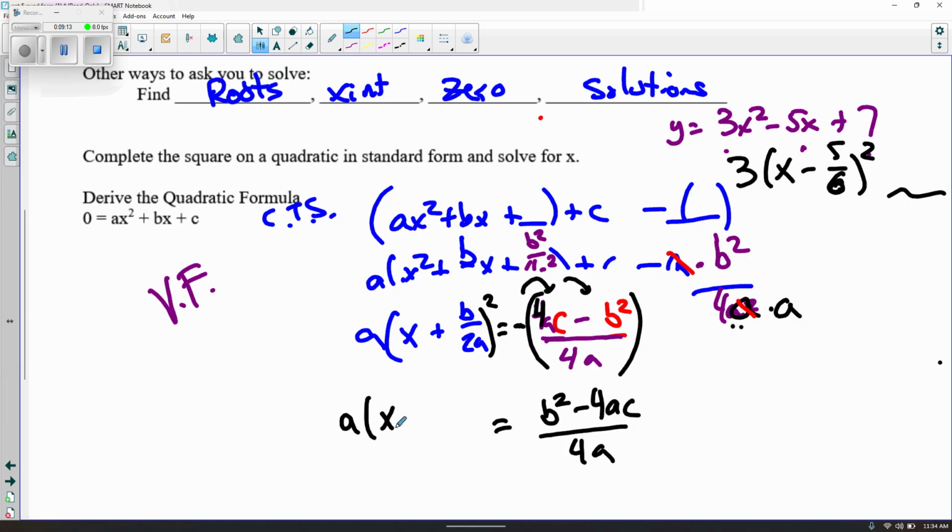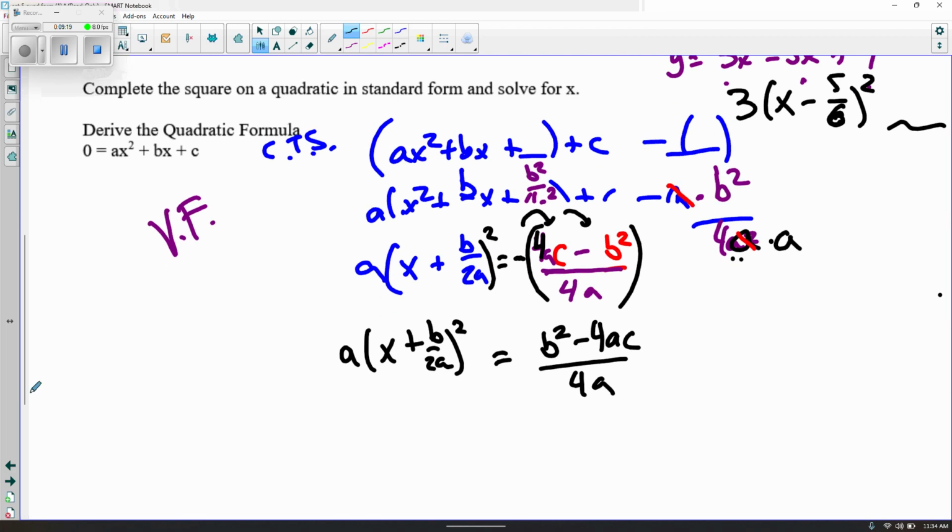Makes sense? So how do I get rid of that a in the front? Multiply by 1 over a, which gives that a squared on the bottom, right? Does it make sense? So now we're here.